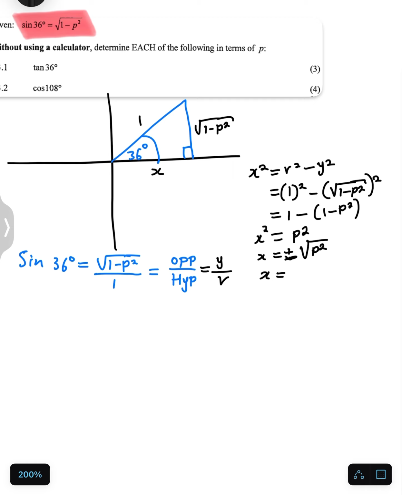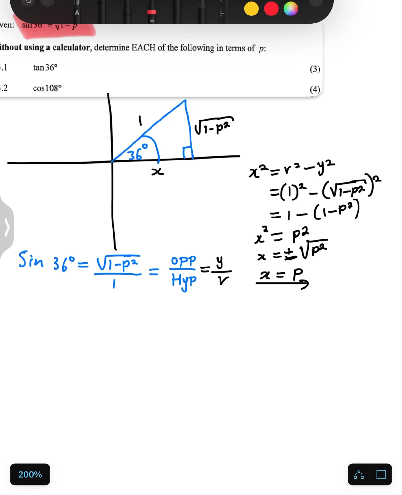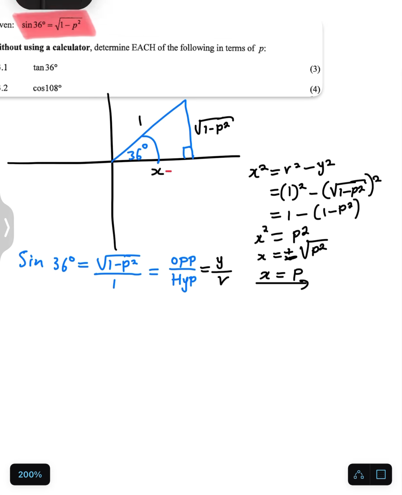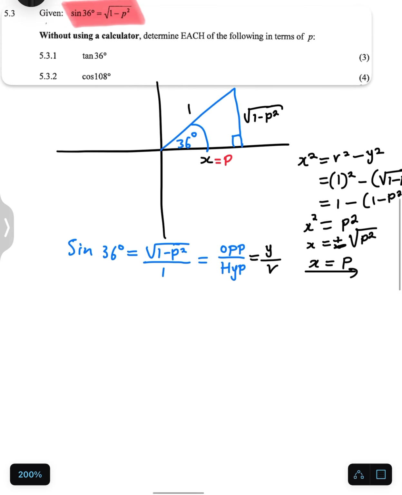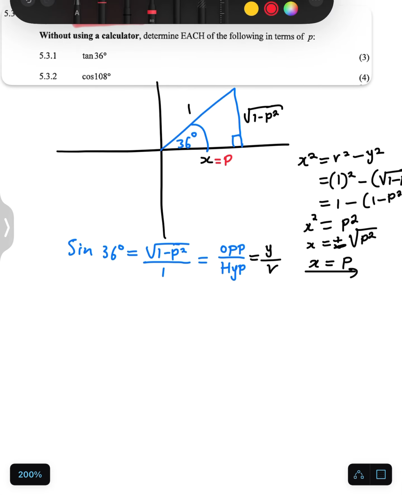So we have positive p as the value of x. So we can just write it down there. I'm just going to substitute this in our diagram, that x is the same as p. So then we can now continue to answer the questions.